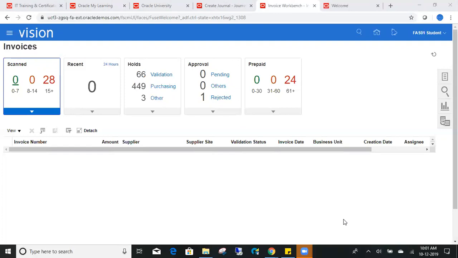Say the sweeper comes every month and you pay 400 or 500 rupees per month, right? Or one guy comes monthly to clean your car or your bike, and for that service you just pay. That is non-PO. PO means you are buying something from SCM and for that buying you are paying.